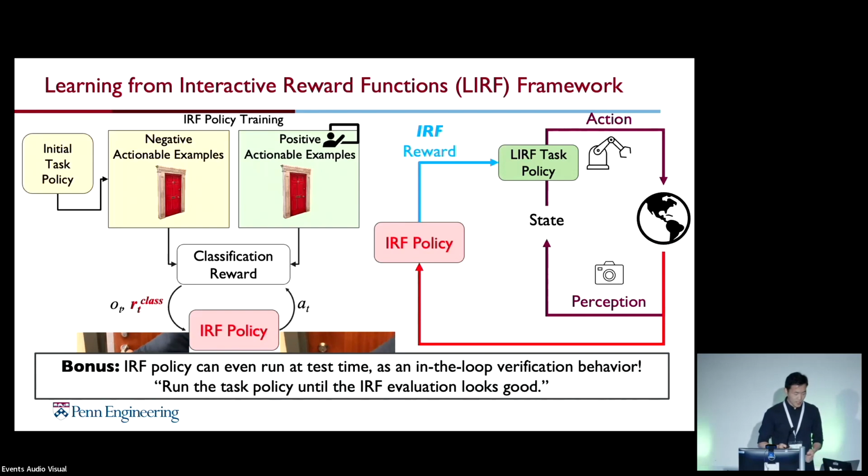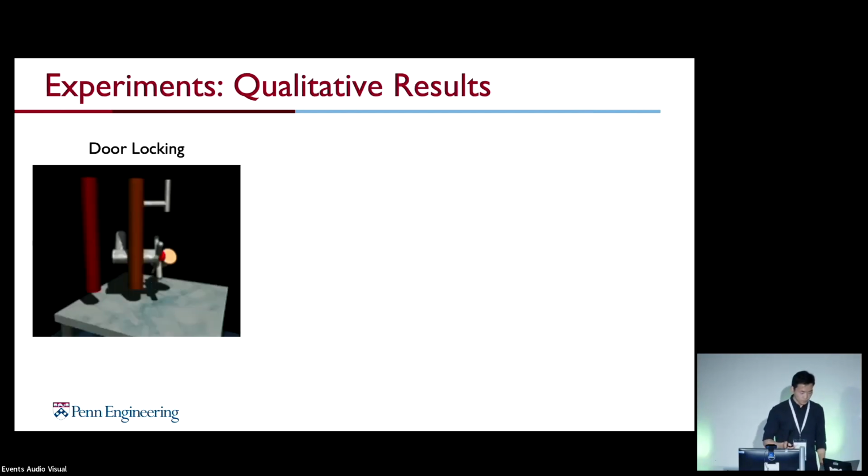As a bonus, the IRF policy can even run at test time as an in-the-loop verification behavior. So basically, we will run the task policy until the IRF evaluation looks good. To recap our key idea in all of this, we train intermediate IRF policies that provide rewards for training the final LIRF task policies.